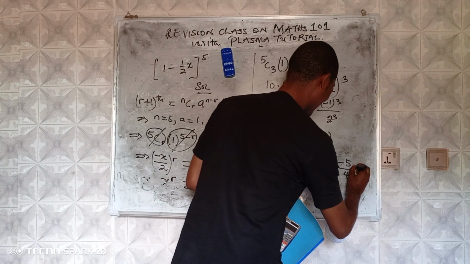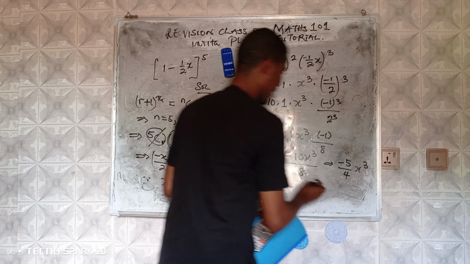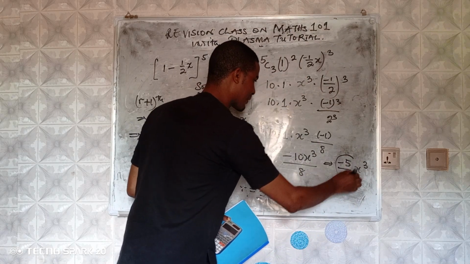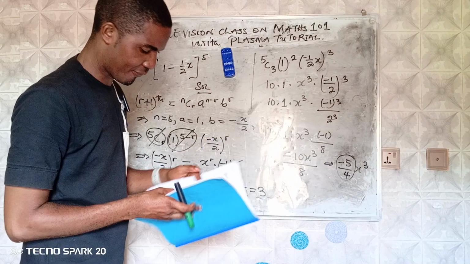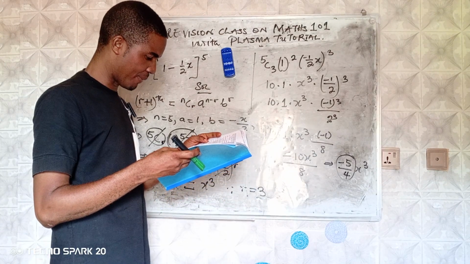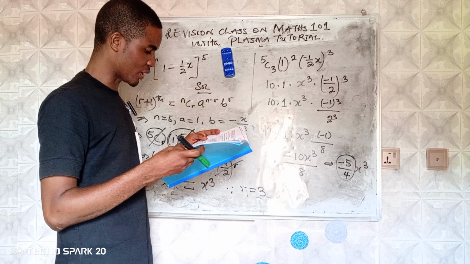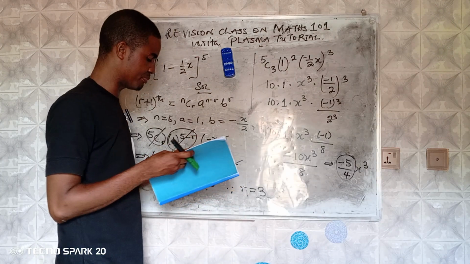So 4, then x cubed. Hence, the coefficient of x raised to power 3 in that expansion is minus 5 over 4. And that is question number 10. Minus 5 over 4, option B.